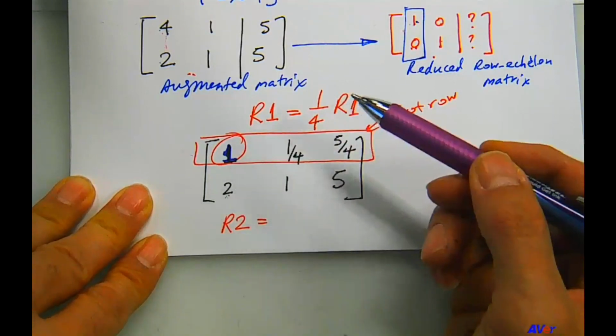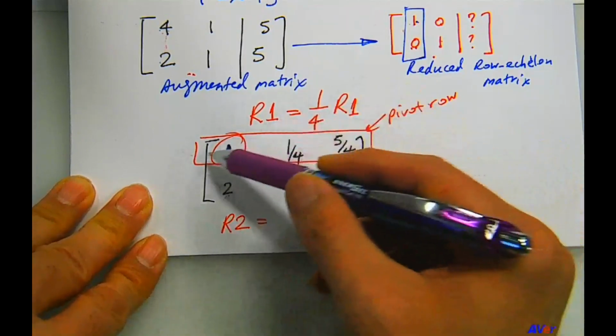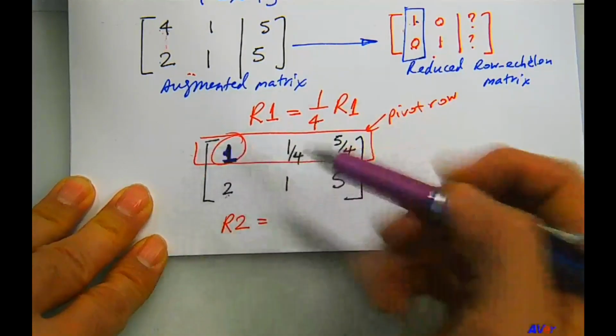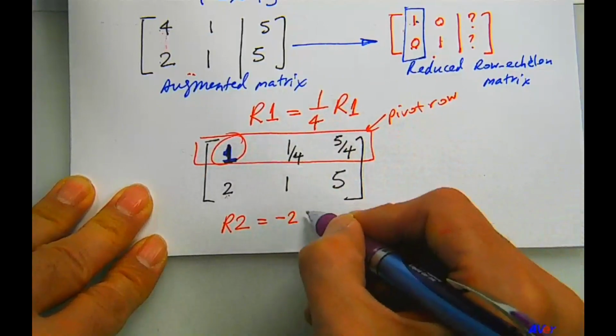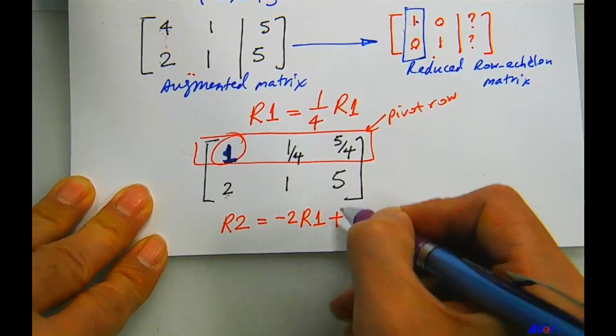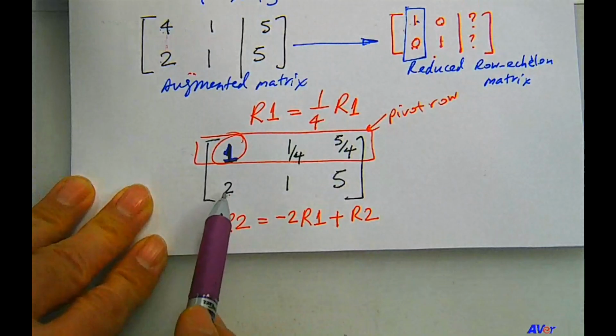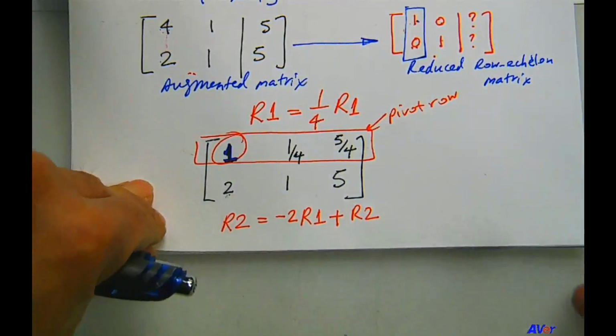But where is the -2 going to come from? It's going to come from multiplying the first row by -2, -2 times row 1, and then adding it to row 2. So this row operation will give us a 0 in that spot.